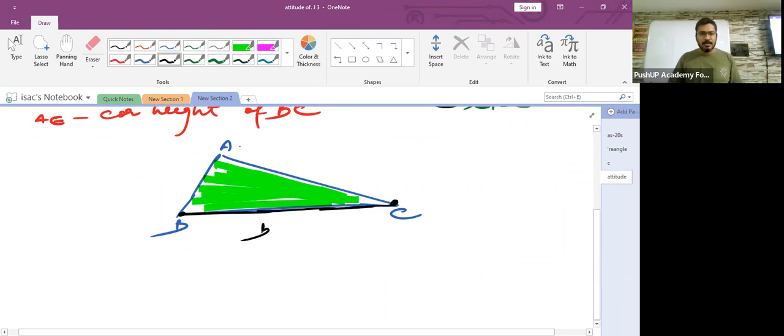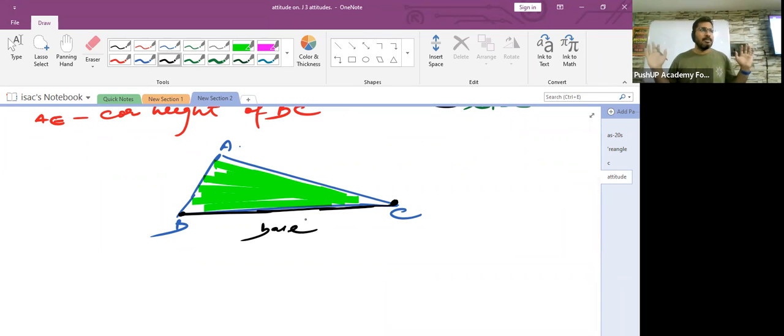You all know what is base, no? Children, you know what a base of a triangle is? The side of the triangle with the help of which it sits on the floor. That is known as the base of the triangle. So this triangle ABC is sitting with the help of which side? BC. So I'm assuming BC as the base of the triangle.